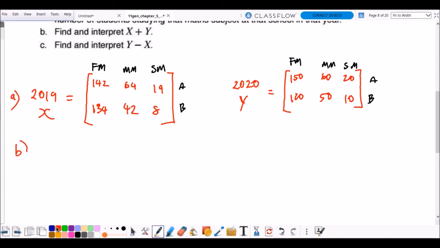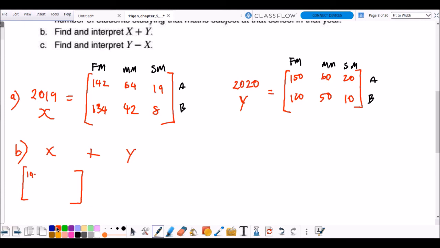Part B is now we're going to find and interpret X plus Y. What this is saying is you're going to add the X and Y matrices together, and interpret what X plus Y means.